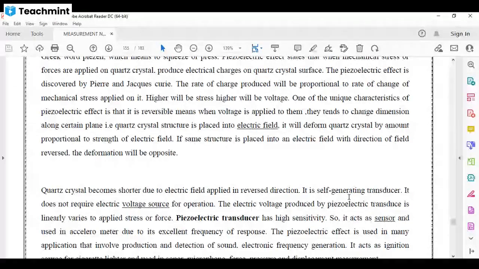The piezoelectric transducer is a self-generating transducer and does not require an electric voltage source for operation.